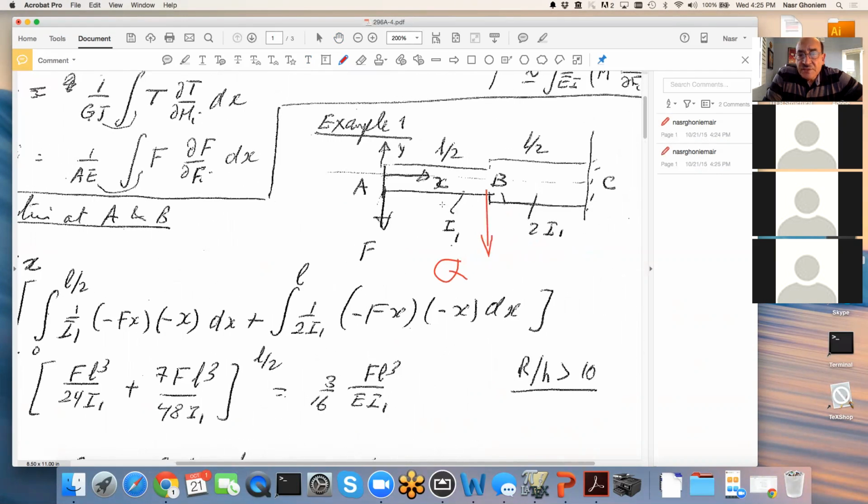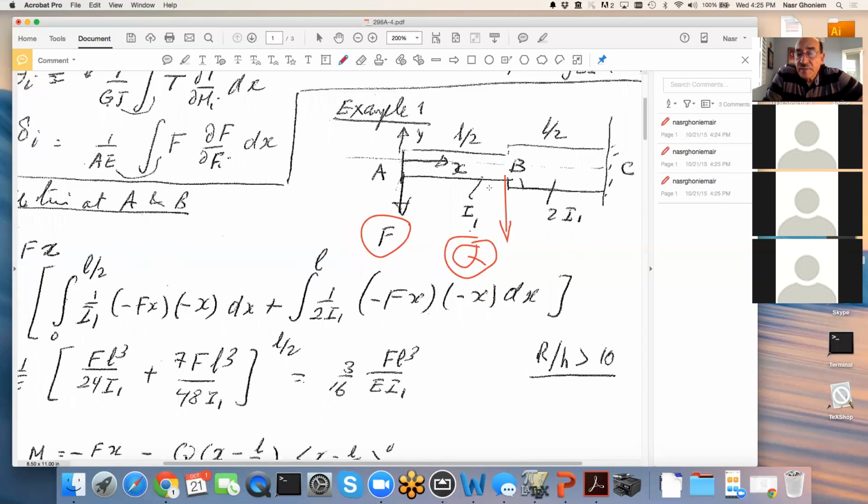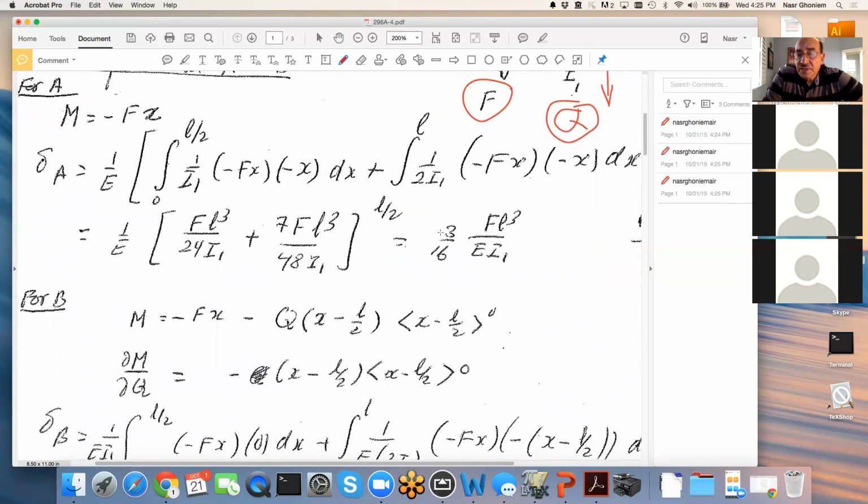So I have two forces, F and Q. One is at A and one is at B. So the moment now is F times X at any point plus Q times X minus L over 2. But this Q is activated only at X equals L over 2, so you have to have a unit step function.